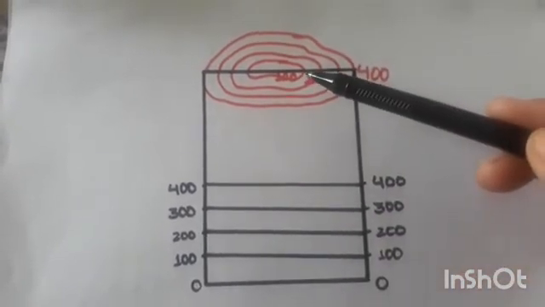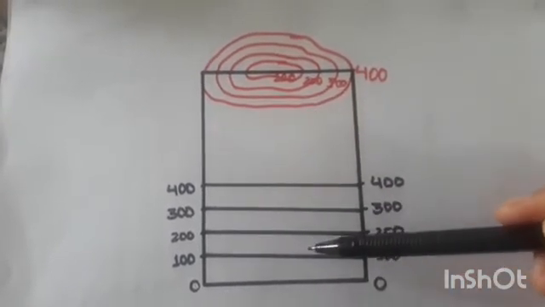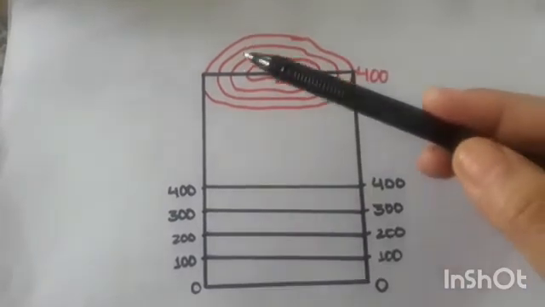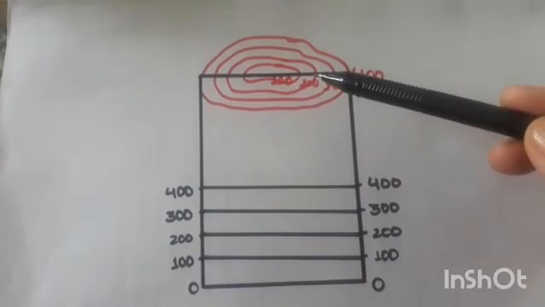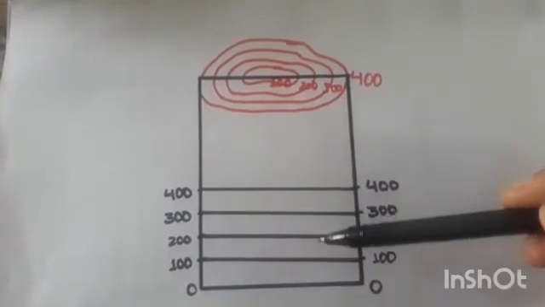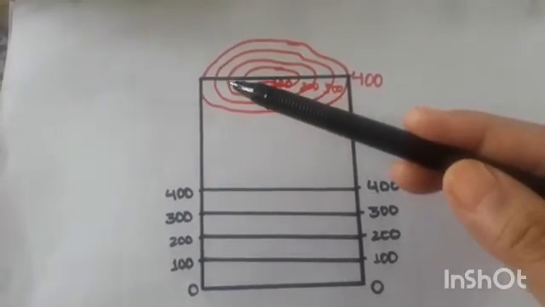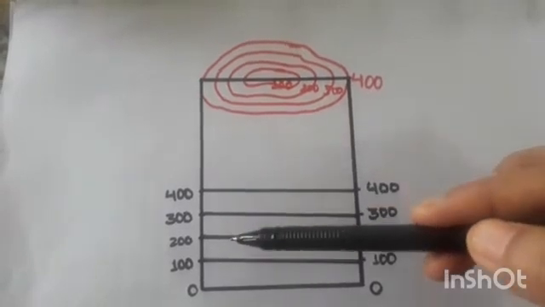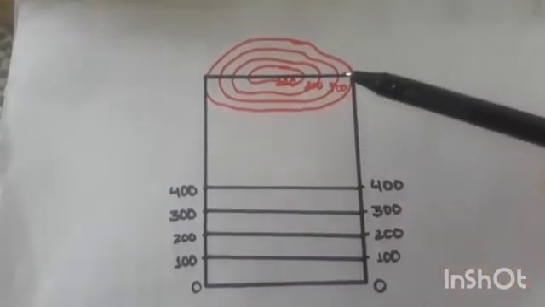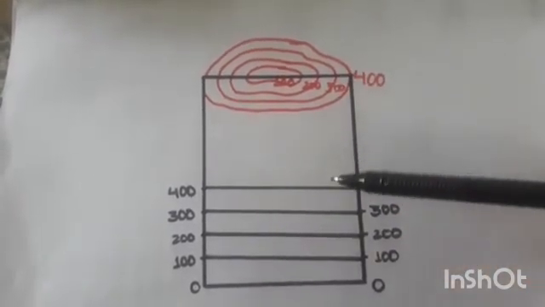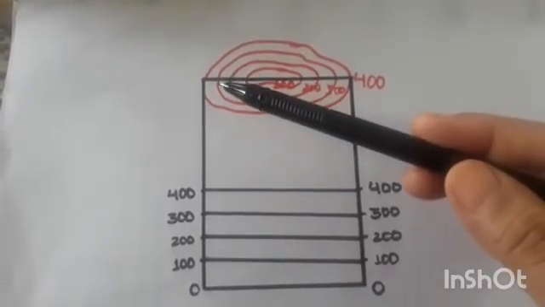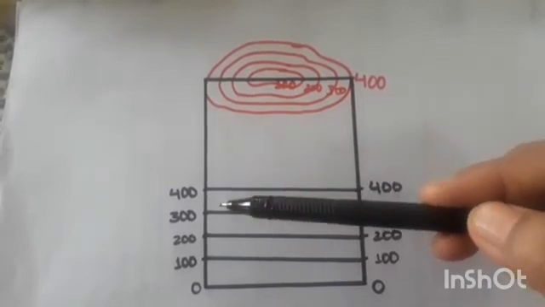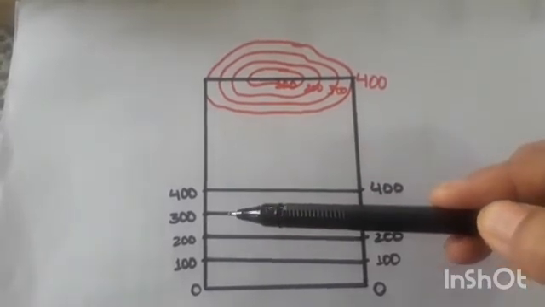Same like that, in this 200 contour line, from this end to the 200 line, and from the 200 contour line to this 200 horizontal line. And this 300 to 300 line, make a vertical line from this end of the 300 contour line to this horizontal 300 line.